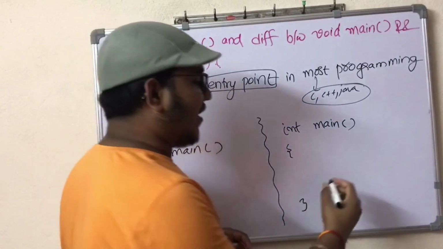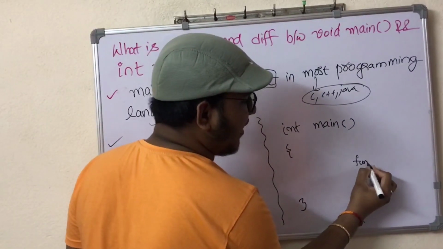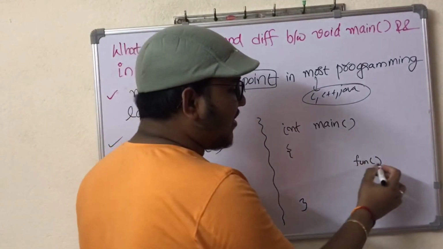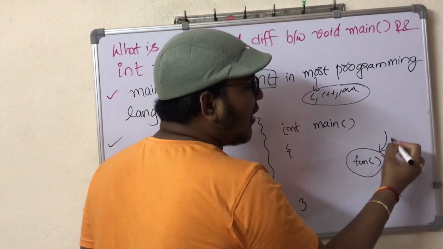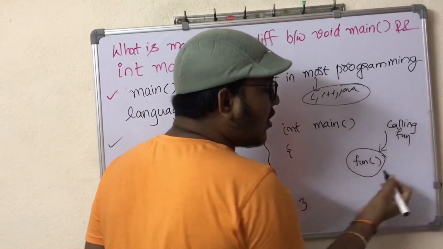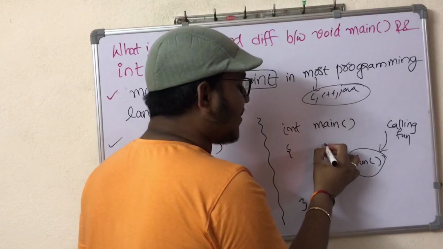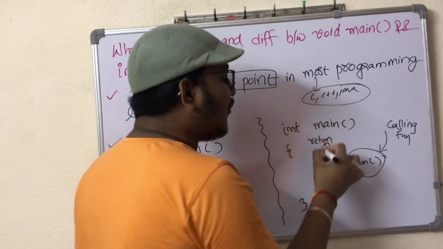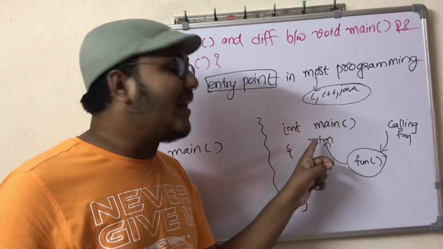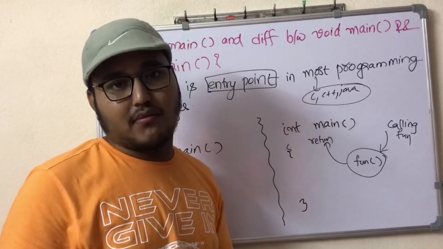Let's say I define a function called fn. This function should have a calling function, and it will also return something, right? So we need to know about the calling function and about the return from that function.